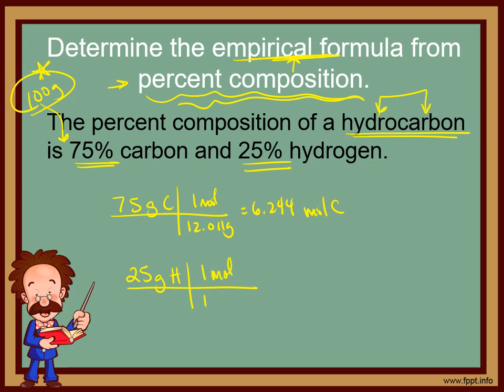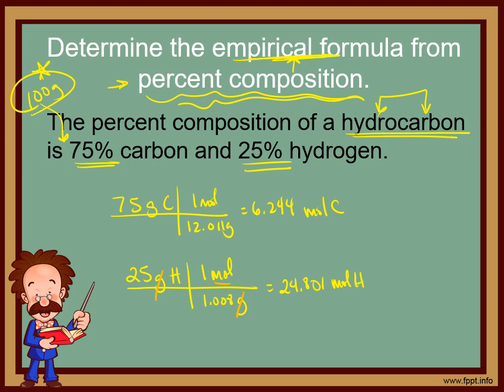We know that hydrogen is 1.008 grams per mole. Periodic table tells us so. Grams, top and bottom, cancel out. We're left with those moles. 25 times 1 divided by 1.008 gives us a grand total of 24.801. I'll stop there. Moles of hydrogen.